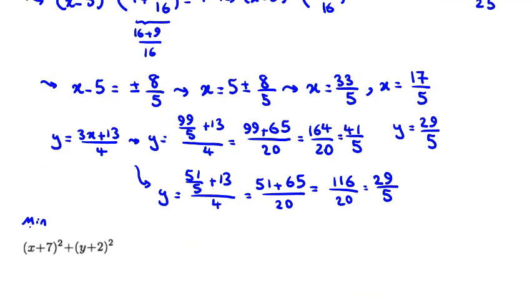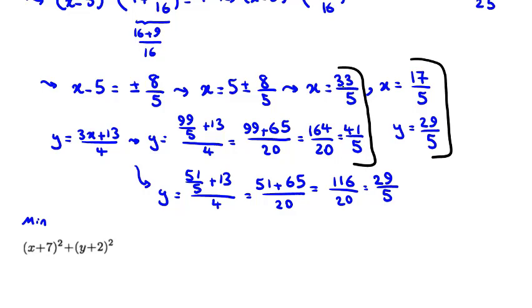The problem says find the minimum value of this. So if you pay attention, because we want to find the minimum, in this case x is less than this one, but here y is greater than this one. Okay, so we should consider both of them to see which of them works. Let me show, one case is this x and y, one case is this.